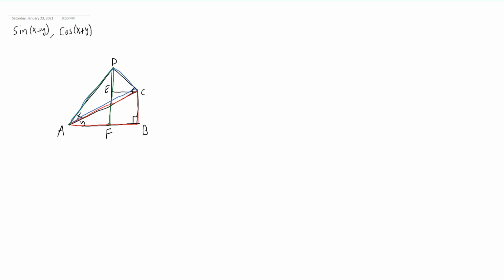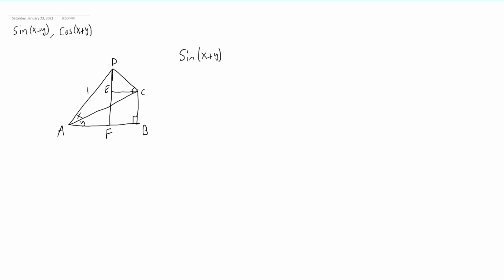Now I'm going to get rid of all that color so that the workspace stays a little clearer, because it's going to get a little cluttered. One second, there we go. Okay, so let's look at first sine of x plus y. Well, the sine of x plus y, oh, and this length is 1.